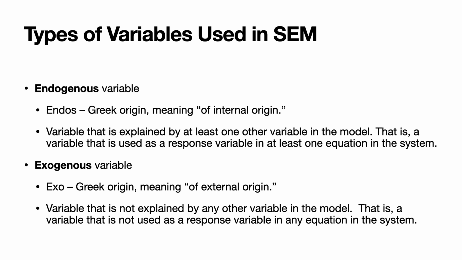In other words, it's a variable that is not used as a response variable in any equation in the system. So again, an endogenous variable is a variable that is used as a response variable in one or more equations in the system, and an exogenous variable is a variable that is never used as a response variable in the system.